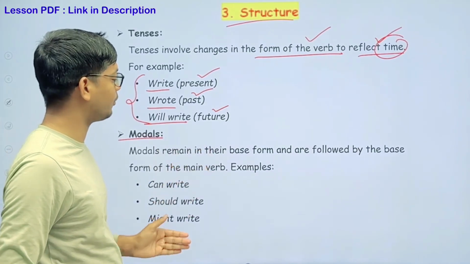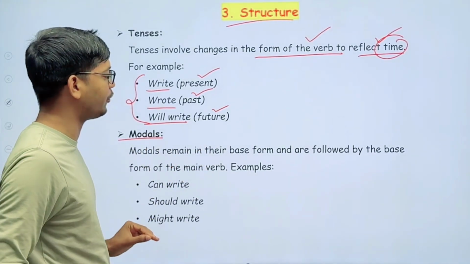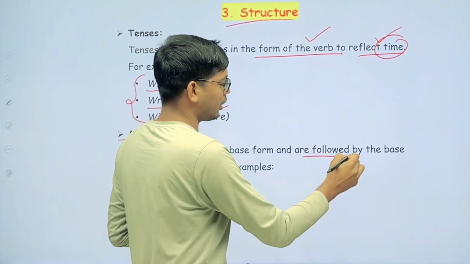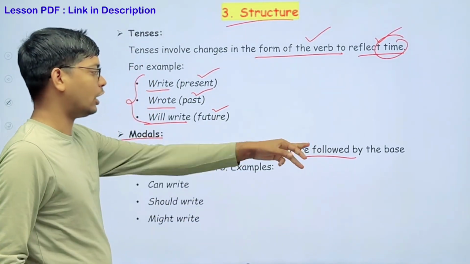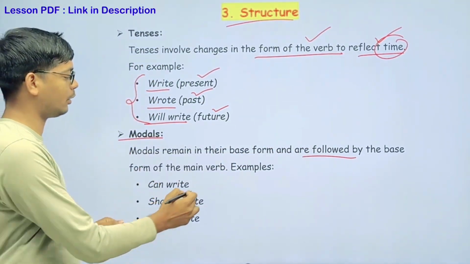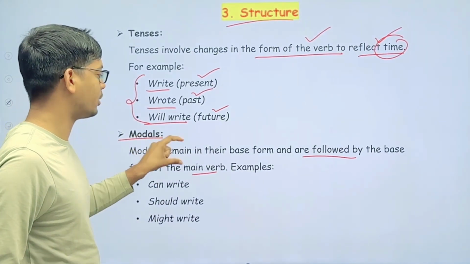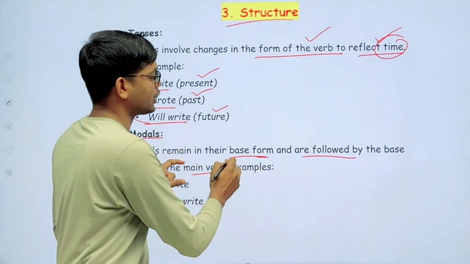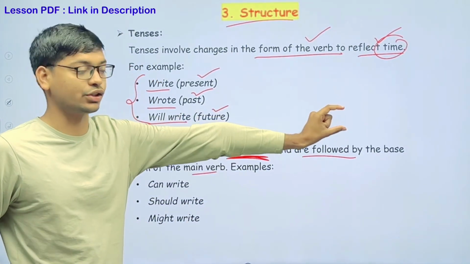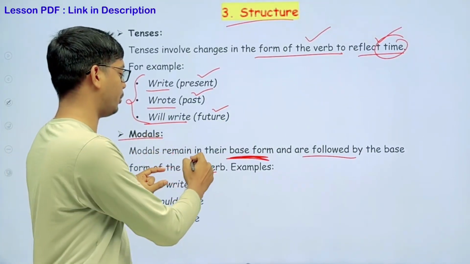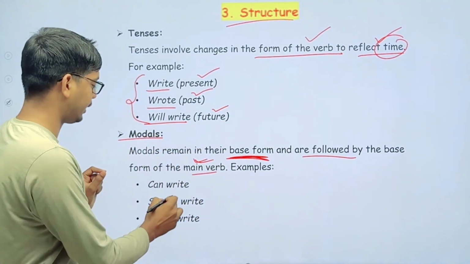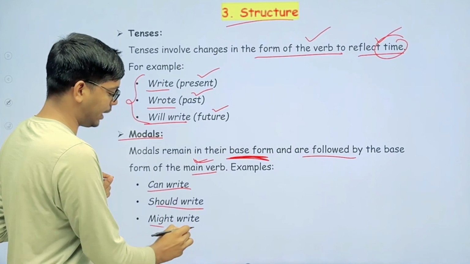Next, modals. Modals remain in their base form and are followed by the base form of the main verb. For example, can write, should write, might write.